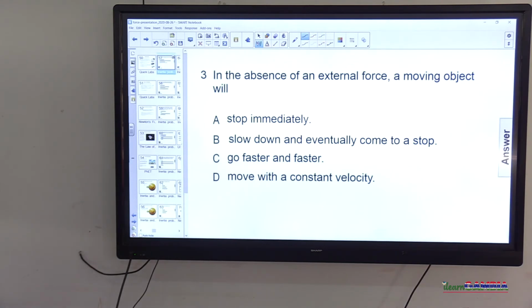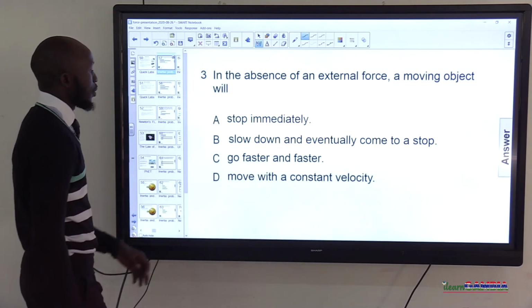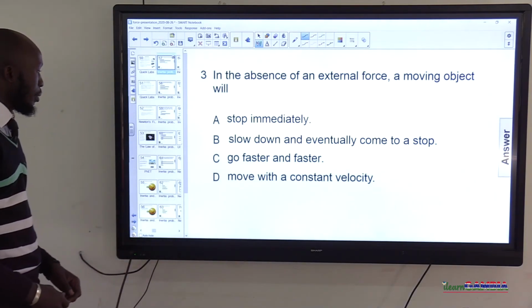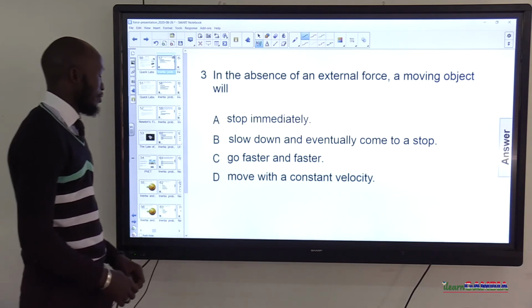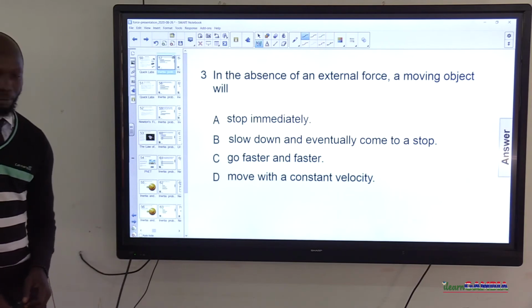In the absence of an external force, a moving object will: A, stop immediately; B, slow down and eventually come to a stop; C, go faster and faster; or D, move with a constant velocity.